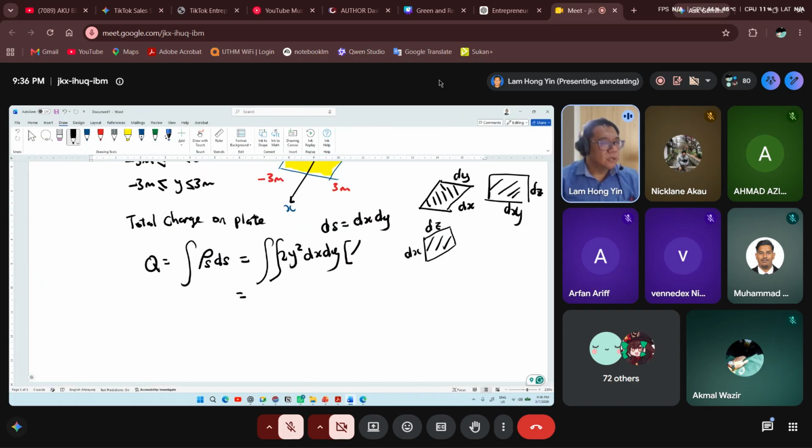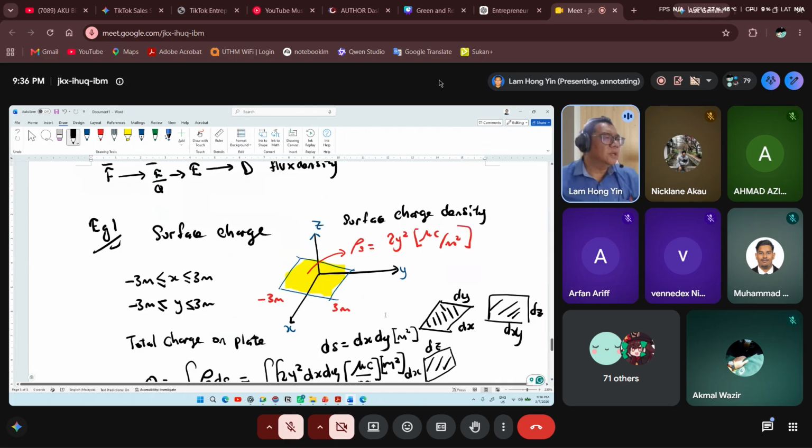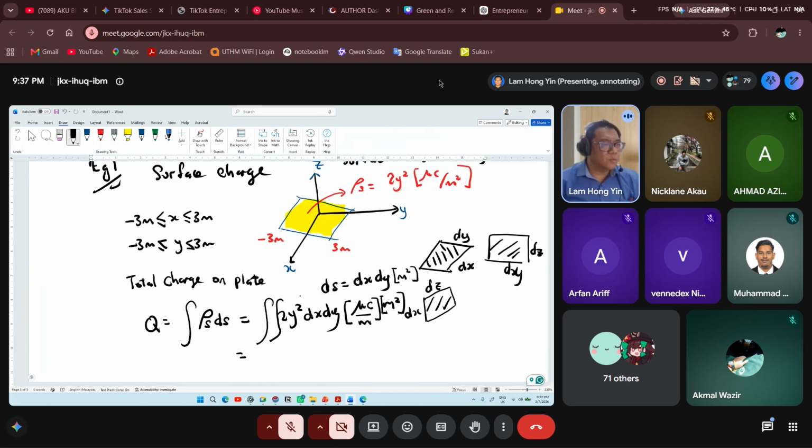If you multiply with the ds unit over here, which is meter square because it's the area, the meter square and meter square will automatically cancel out.